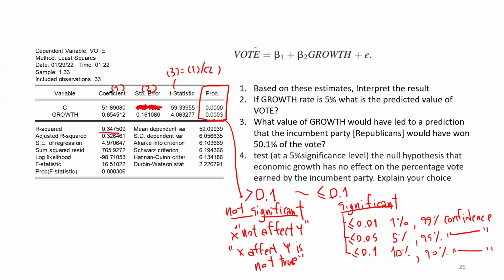Yes, when you have to write the answer, you have to write it like: growth equals 0.65 and the p-value is less than 0.01. This indicates that if the growth increases by 1, the vote will increase by 0.65, significant at the 1% significance level or 99% confident.